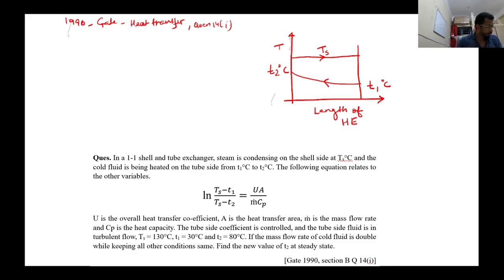Now the question is saying the following equation relates T2 to the other variables. So we have an equation in the question: ln of (Ts minus T1) upon (Ts minus T2) is equal to UA upon m dot Cp. U is the overall heat transfer coefficient, A is the heat transfer area, m dot is the mass flow rate, and Cp is the heat capacity. The tube side coefficient is controlling.